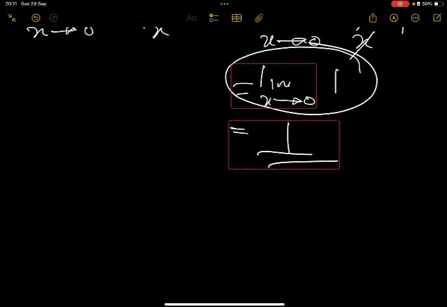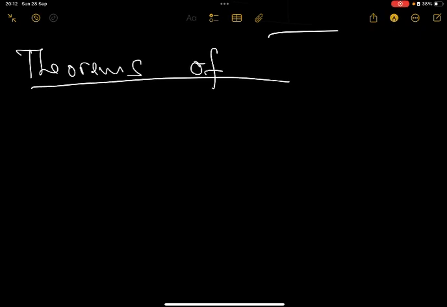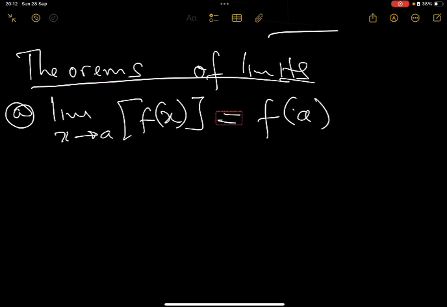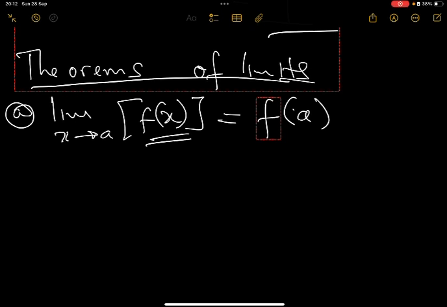So we now want to look at rules of limits, or what we call the theorems of limits. The first one that we have is the limit as x approaches a of f of x is equal to f of a, if this is defined.